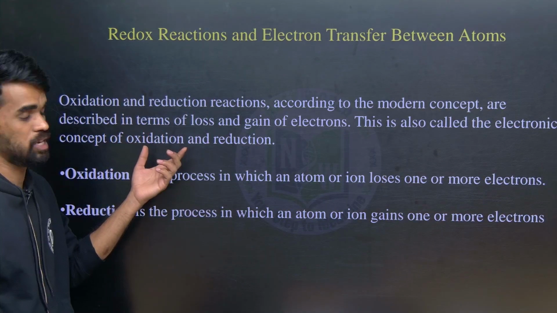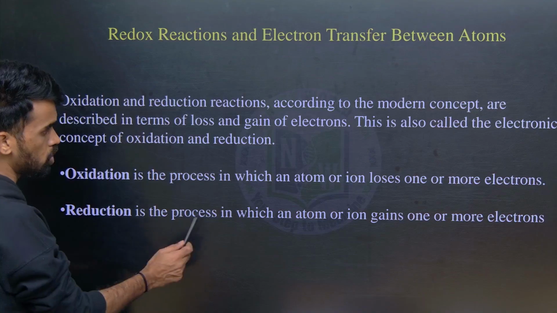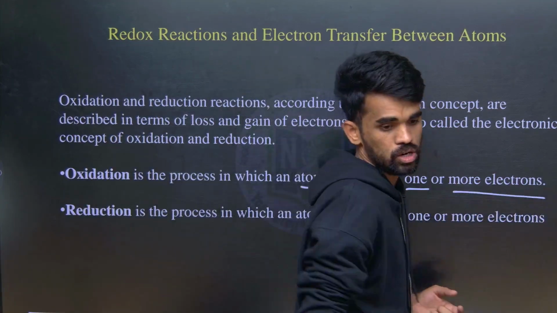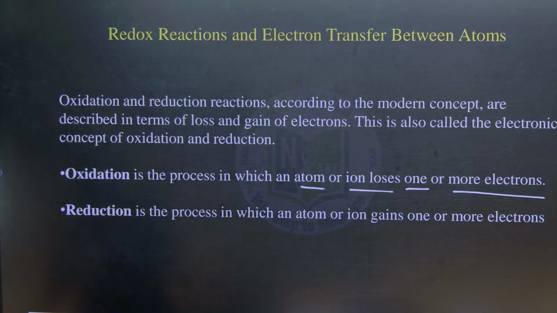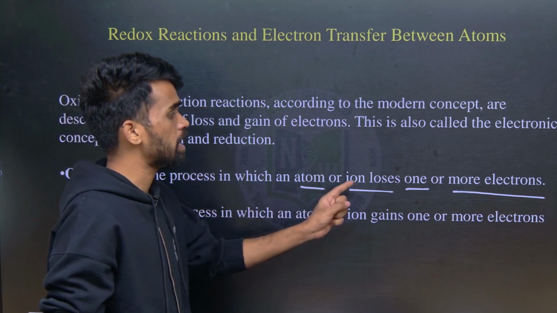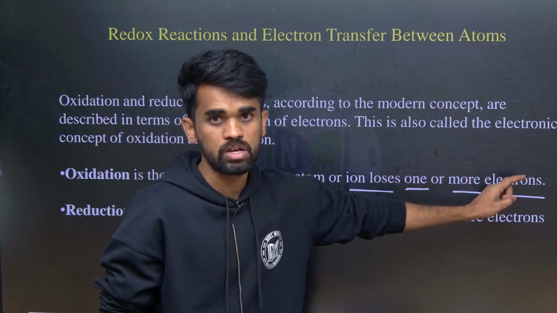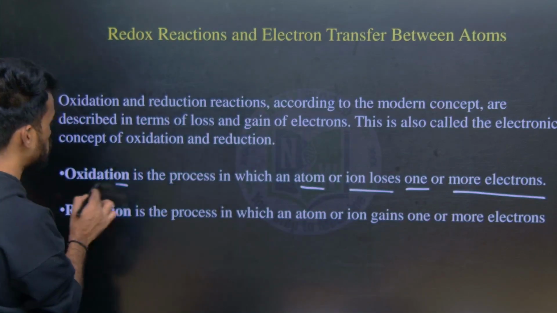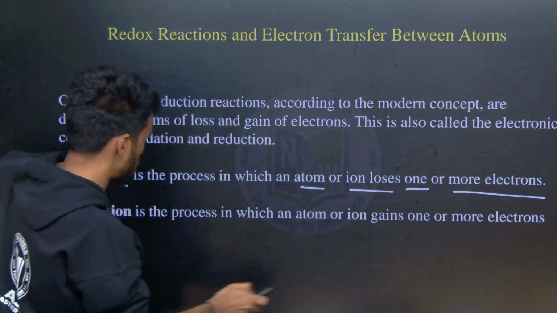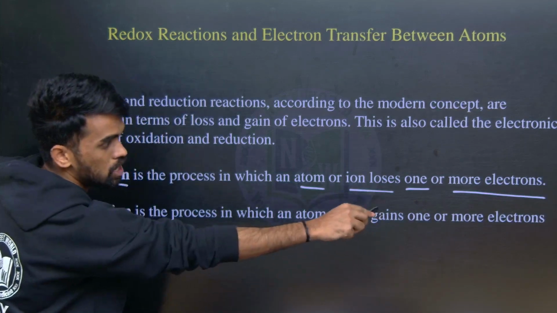This is the modern definition. Oxidation is a process in which an atom or ion loses 1 or more electrons. So I can say loss of electrons is called oxidation and gain of electrons is called reduction.